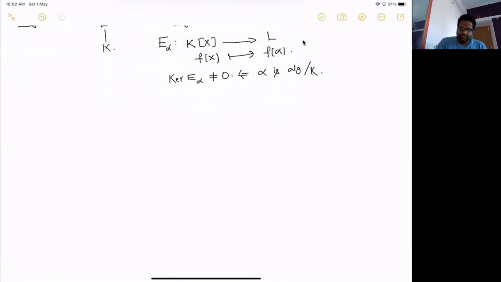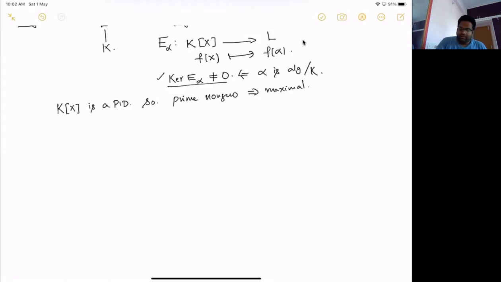Then we have used the property that K[X] is a PID. Therefore, every non-zero prime ideal is a maximal ideal. So if the kernel of E alpha is non-zero, since you know that the kernel of a ring homomorphism is always a prime ideal, it follows that the kernel of E alpha is a maximal ideal.